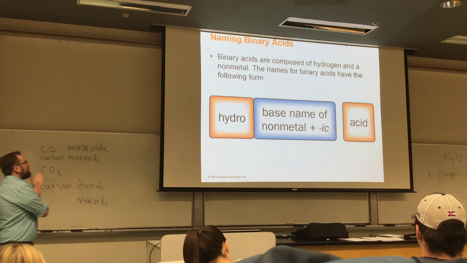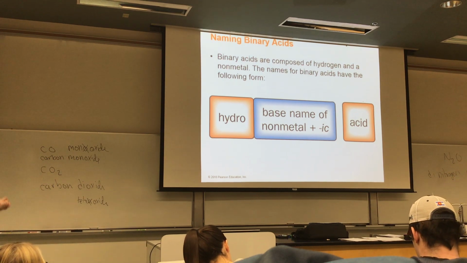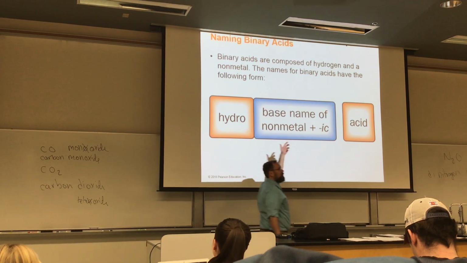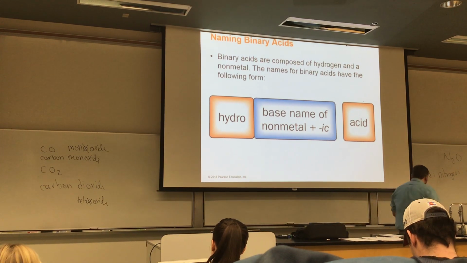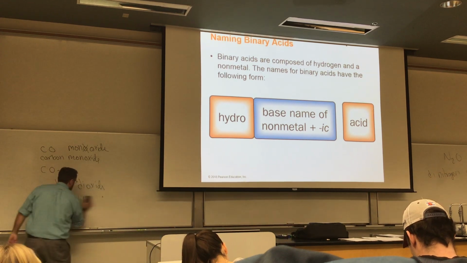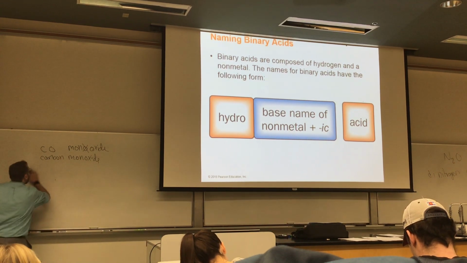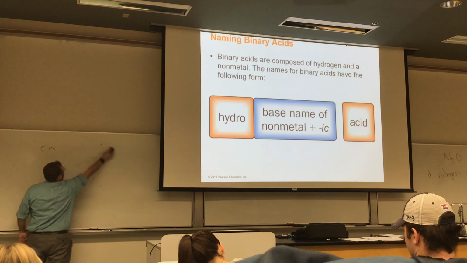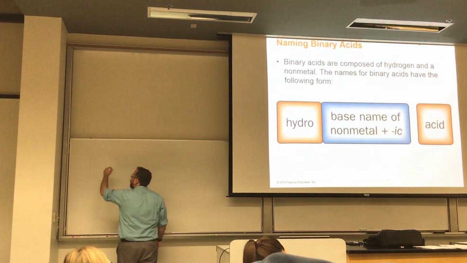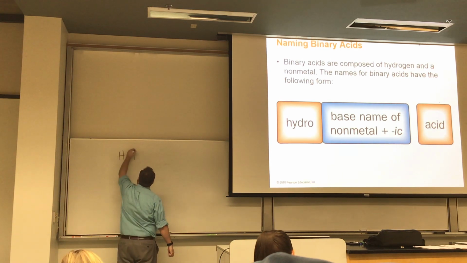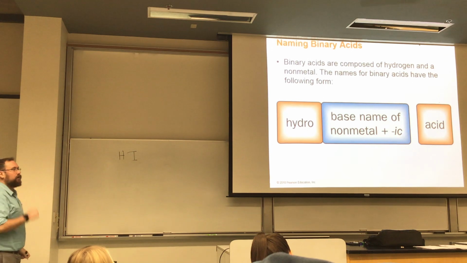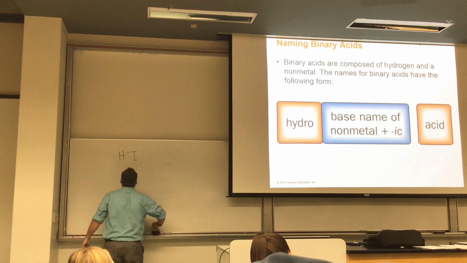As we saw on our sheets, binary acids are composed of hydrogen and a non-metal. So we take the base name of the non-metal. If we had, for example, HI, and I think we did that on Friday, we'll do HBr.